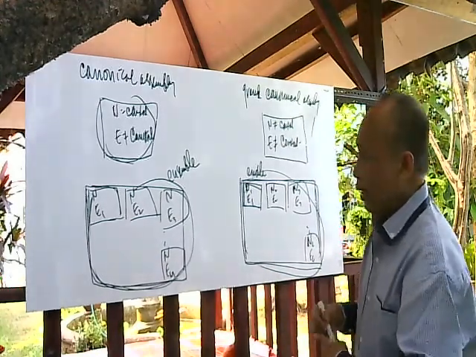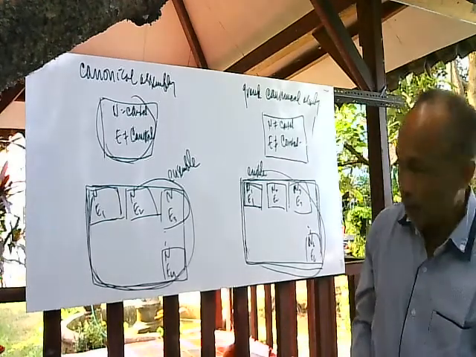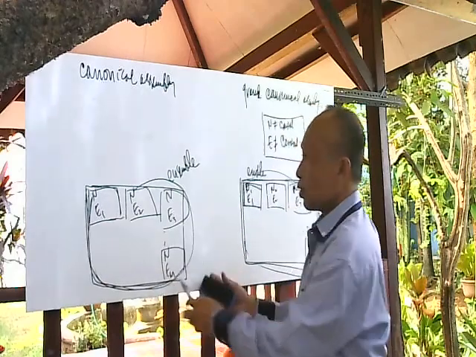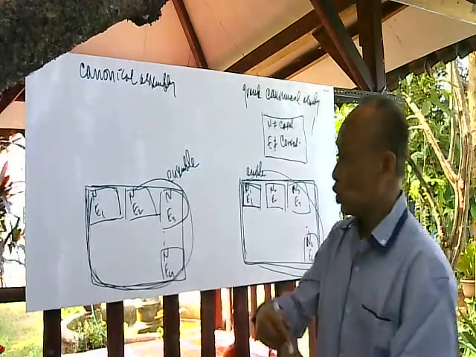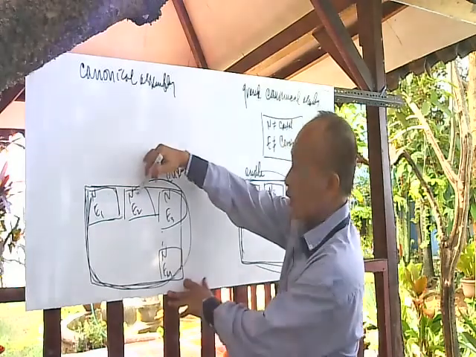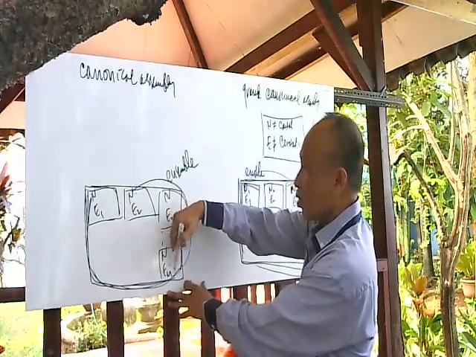Now, in case of a canonical assembly, we have the first state, second state, third state, and so on.